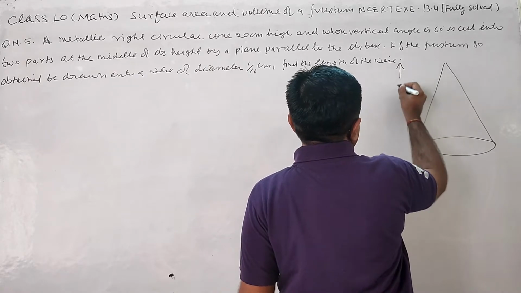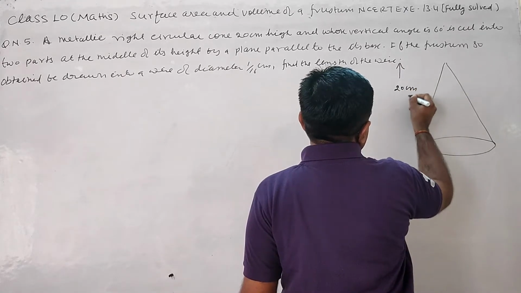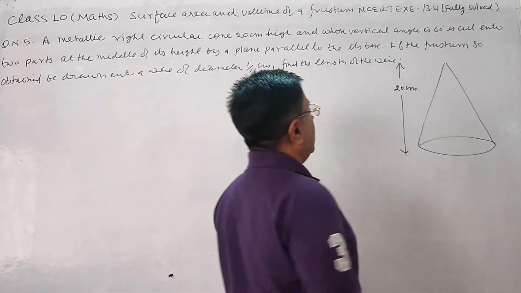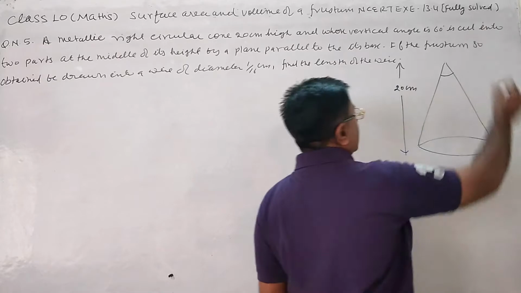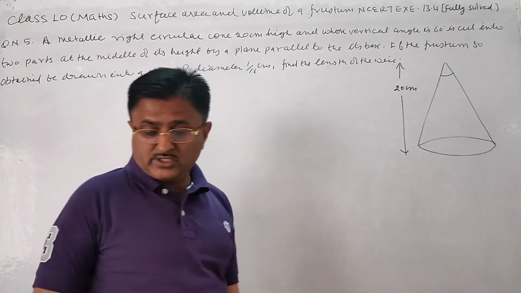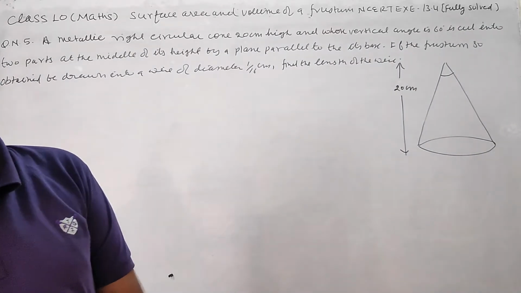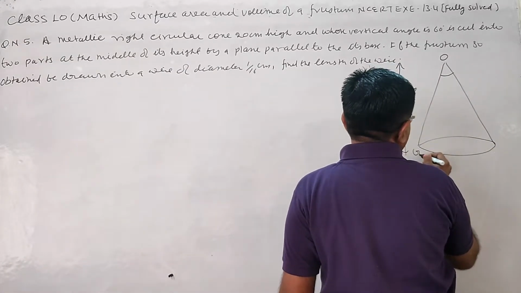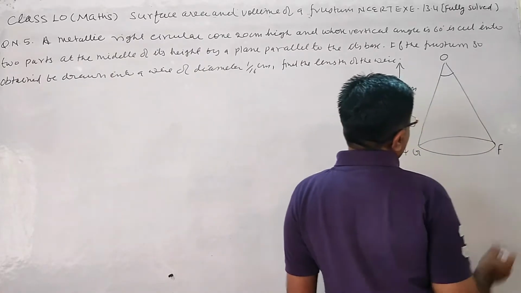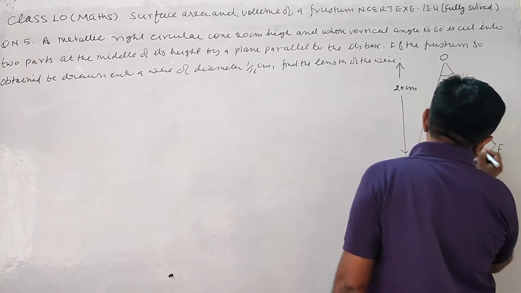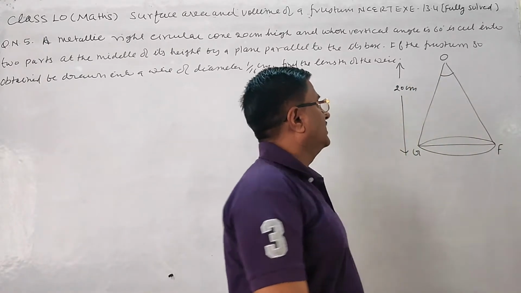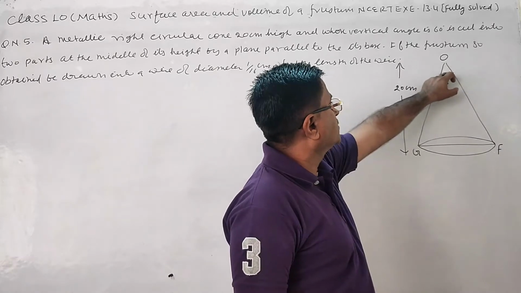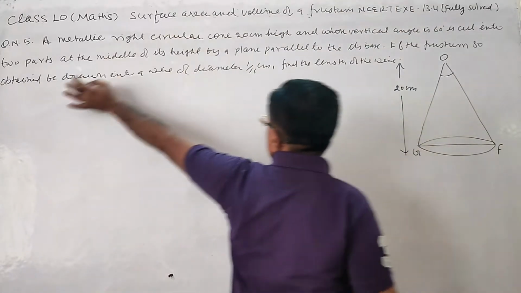And also the vertical angle, which is 60 degrees. Suppose the cone is named OGF. Now this is the base. The question says the cone, with 20 centimeter height and vertical angle 60, is cut into two parts.